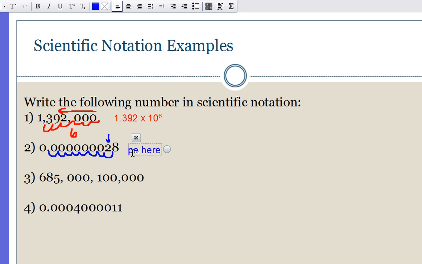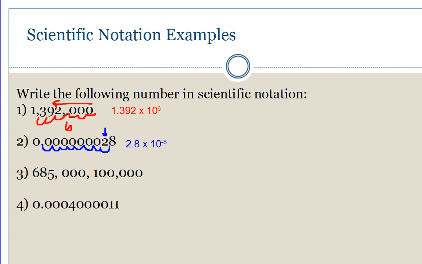So this would be 2.8 times 10. In this case, I moved it to the right, so it's going to be negative, and if I count the places I moved it, it would be 8. So I take this really small number, and I write it in this scientific notation form.